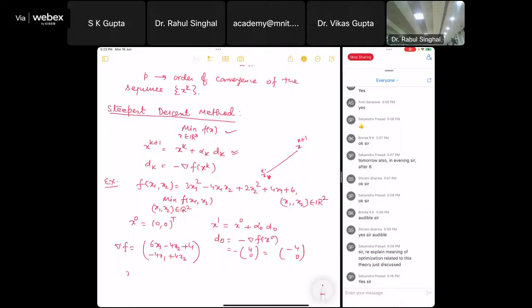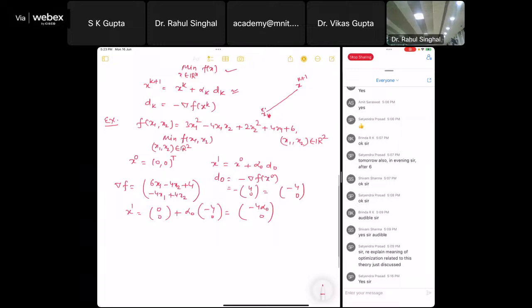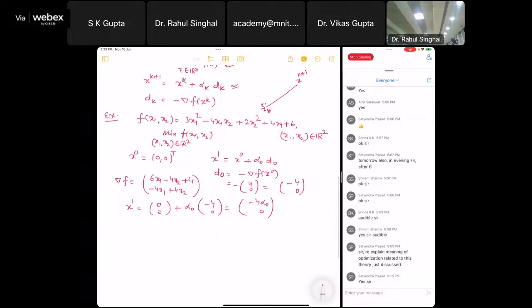So what will be your x1 now? x1 will be x0, which is 0 0, plus alpha 0 times minus 4 comma 0. So it is minus 4 alpha 0, 0. Now you can put this value in the objective function to find the optimal value of alpha naught.